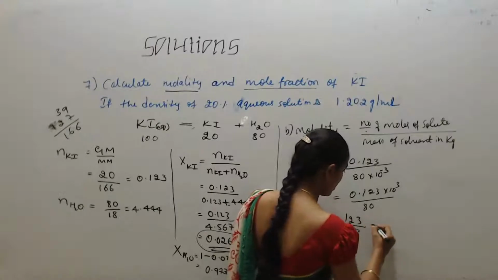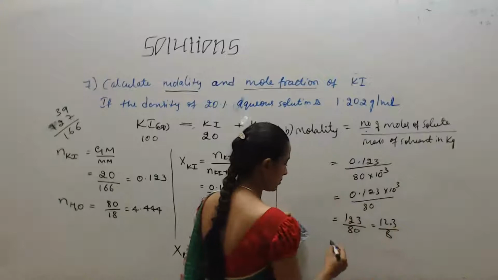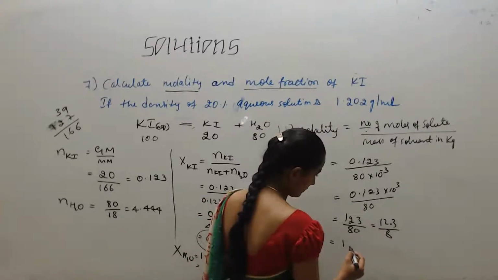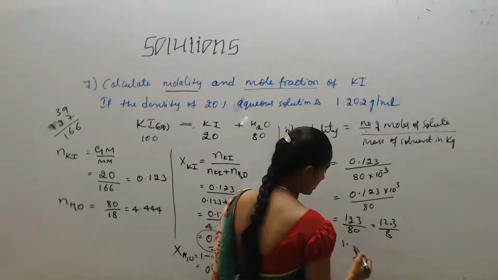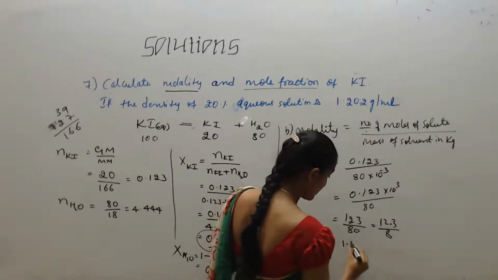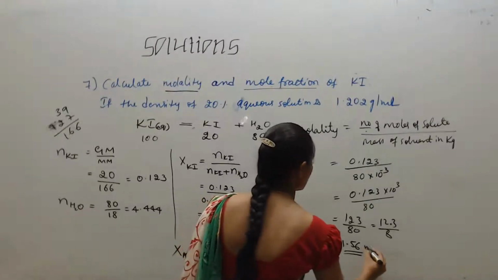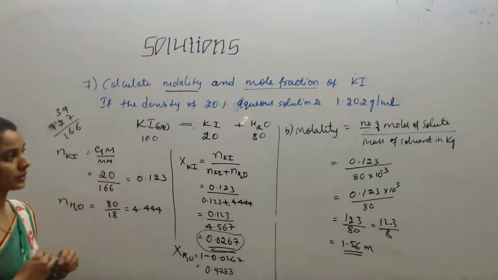So this is 123 divided by 8, so this is 8.23, and you get about 1.56 molal. So this is the answer, molality.